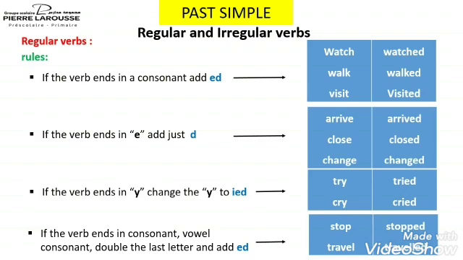In stop you have a consonant which is t, and a vowel which is o, and the p which is a consonant. That's why we double the last letter, which is p. So I say stopped, and I write it with double p. Travel, the same thing, we have consonant, vowel, consonant, travel, traveled. Let's move to see the irregular verbs.